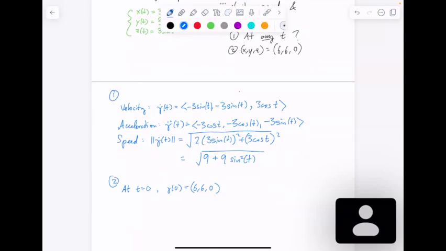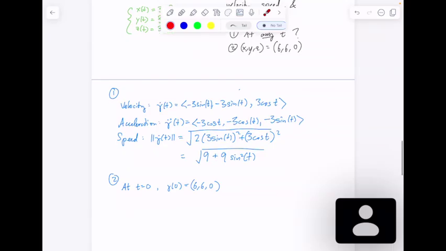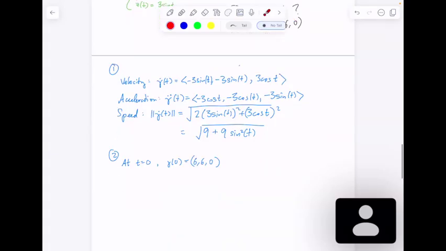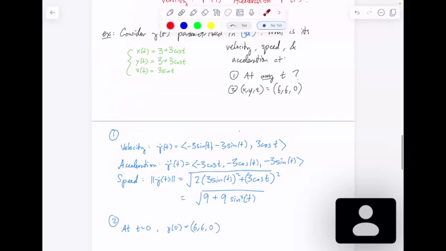And now for part 2, you want to check at what time your parameterization passes 6, 6, 0. It might occur at several times, but you pick any time at which it passes through 6, 6, 0. In this case, I could choose t equals 0. Then gamma 0 is equal to 6, 6, 0; you can check this by plugging in 0 here.